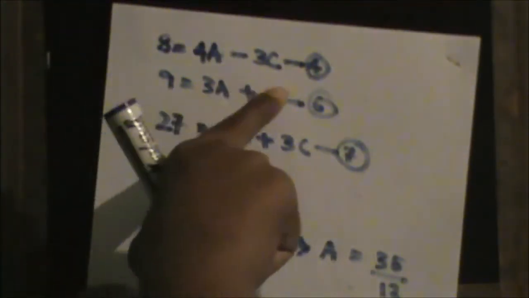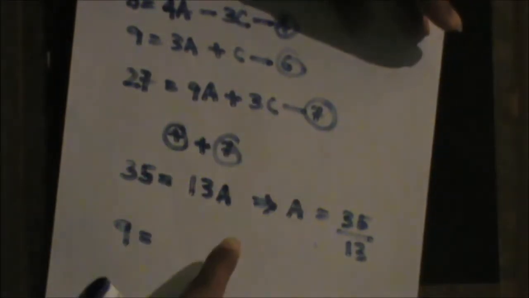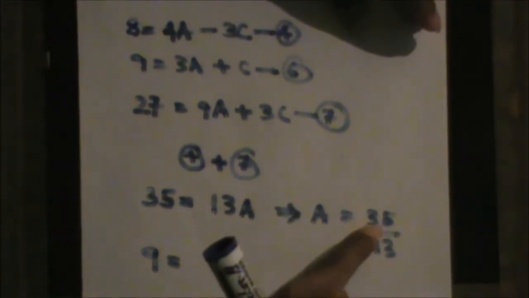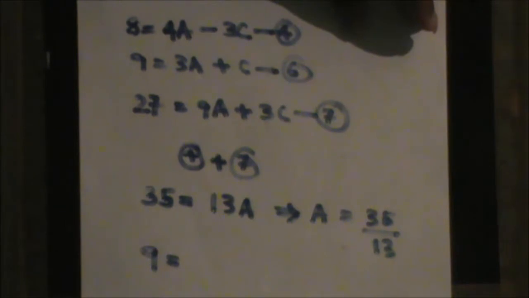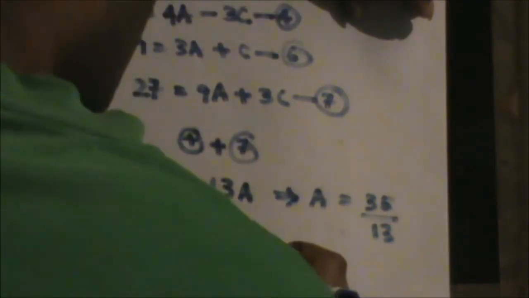So I can substitute the value of A here and find the value of C. For this equation you can say 9 equals 3A plus C. So 3A is 3 times 35 by 13. 3 times 35 is 105, so 105 by 13 plus C. So now C is equal to 9 minus 105 by 13.